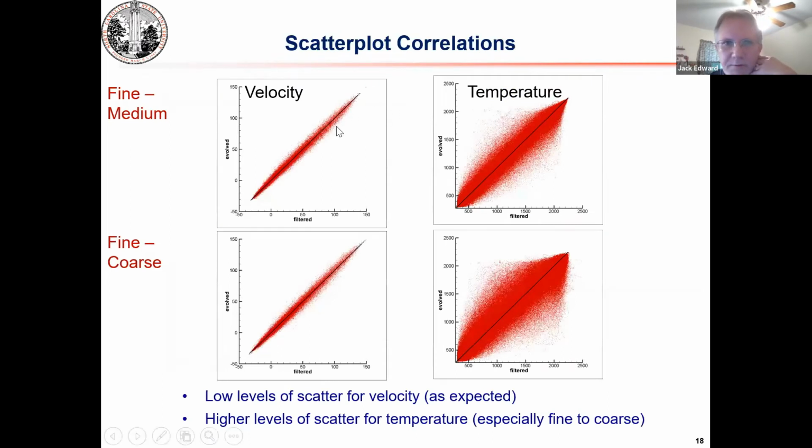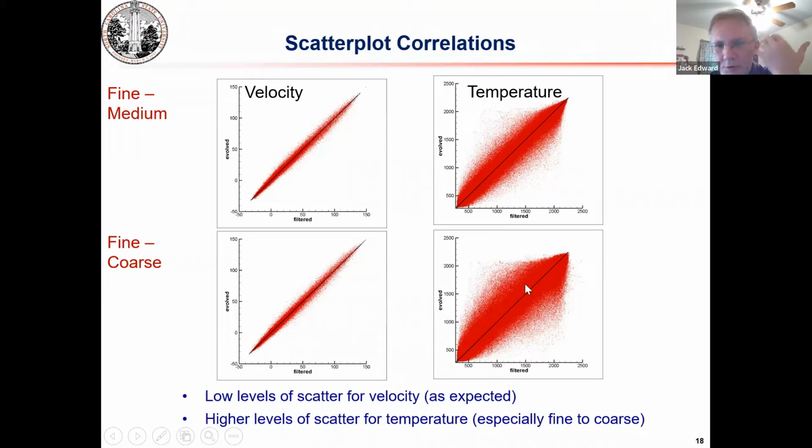You can scatter plot some other things. For example, if you look at the velocity field and you compare the filtered data versus the evolved data, because they're tightly constrained, you see good agreement, not much scatter. When you go to the temperature, a reactive scalar, then suddenly the scatter starts to broaden, which you would expect. And you also start to see influences of the mesh size.